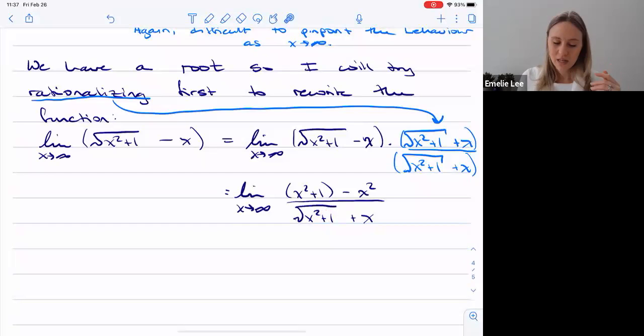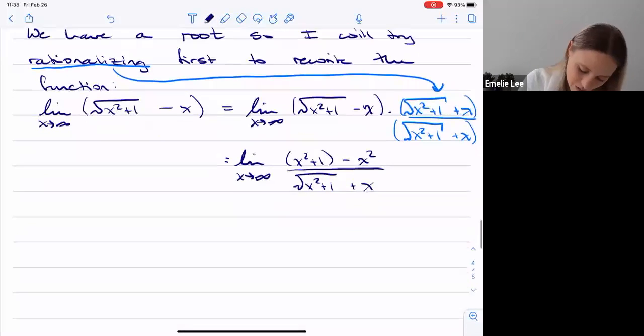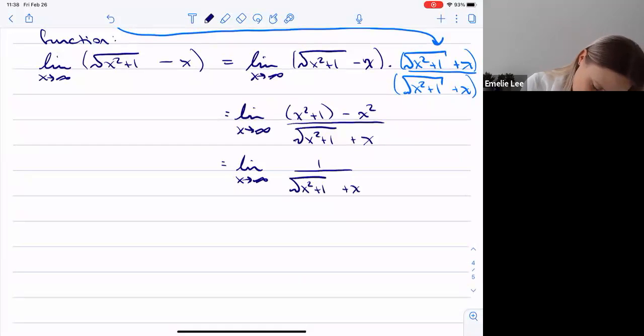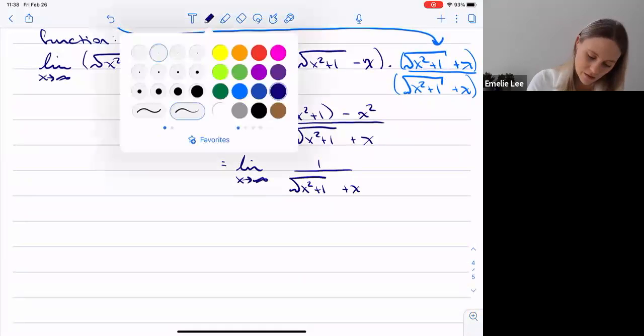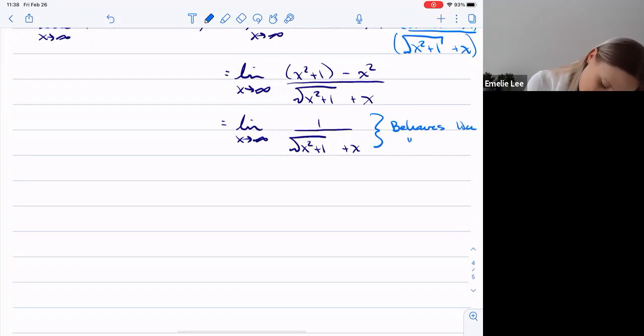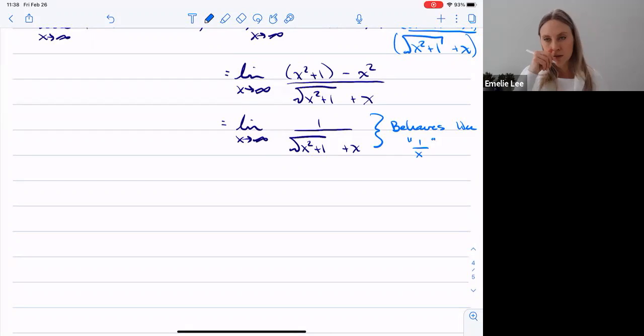And so we find that this becomes the limit as x goes to infinity of 1 over the root of x squared plus 1 plus x. Okay. And so here, this behaves like, I'll do in quotes, 1 over x, right?